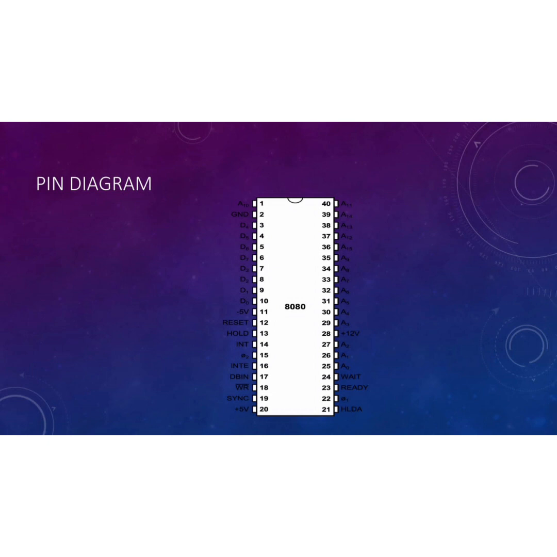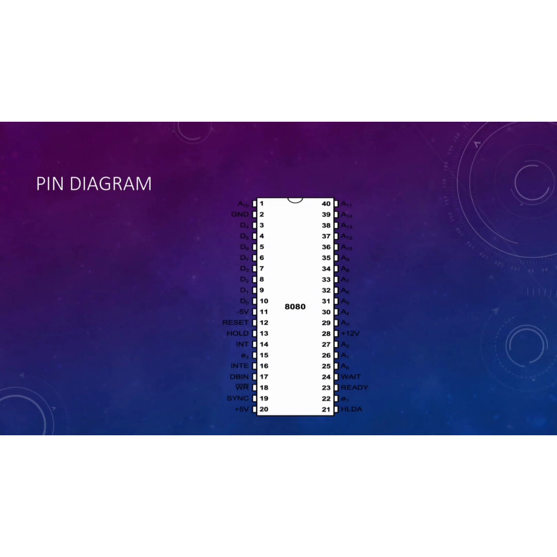and hold is direct memory access request, and INT, that is an input interrupt request, and INTE, it is also an output. It has two commands for setting 0 or 1 level on this pin, and DBIN, this reads, the processor reads from memory or input port. WR is write, and SYNC supports the separate address and memory space.